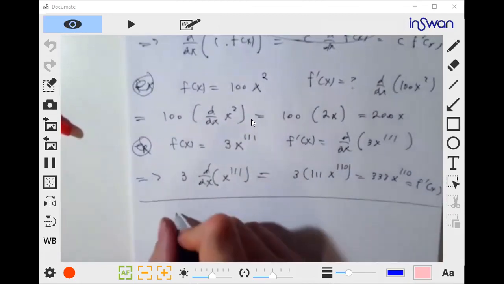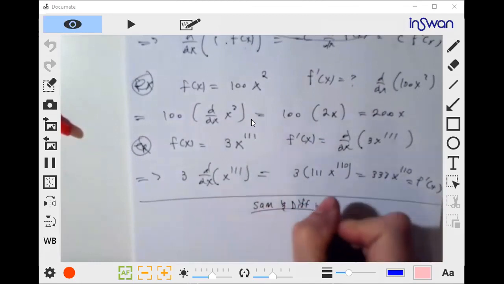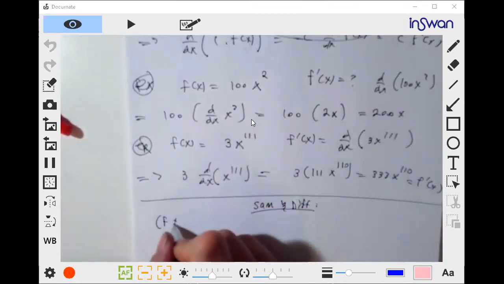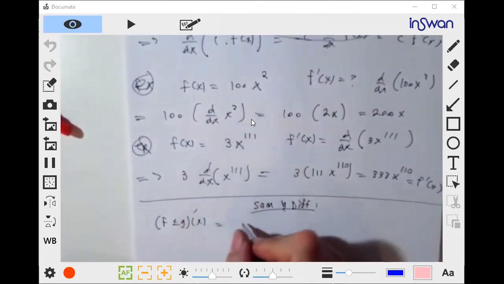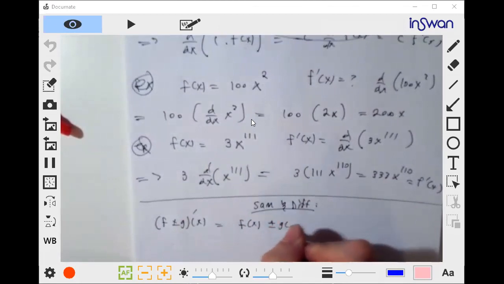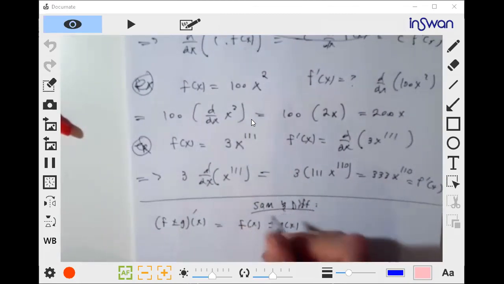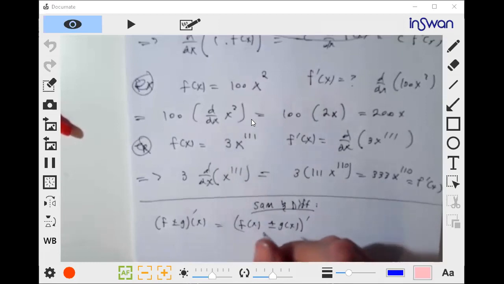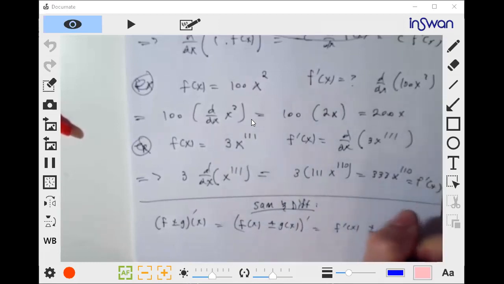Another derivative rule is sum and difference. This says that f plus or minus g of x prime, which is equal to f of x plus or minus g of x prime, is going to equal f prime of x plus or minus g prime of x.